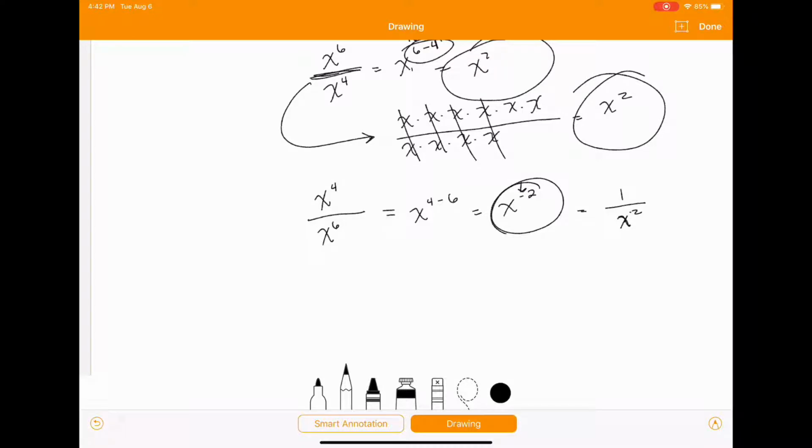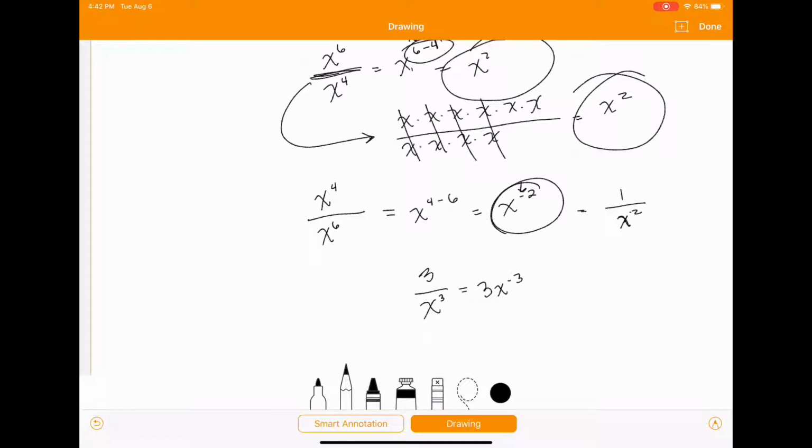So if you had, for example, 3 over x cubed, that's the same thing as saying 3 times x to the negative 3rd power.